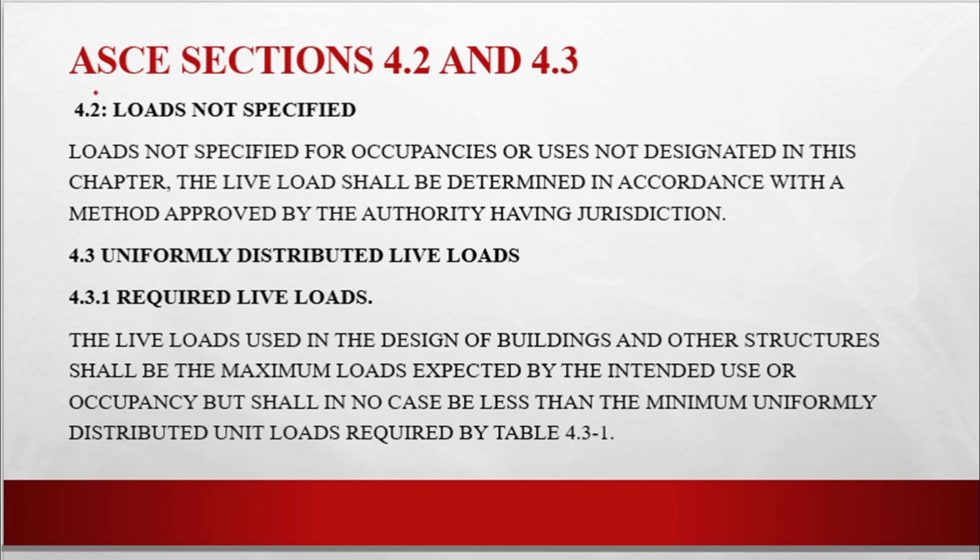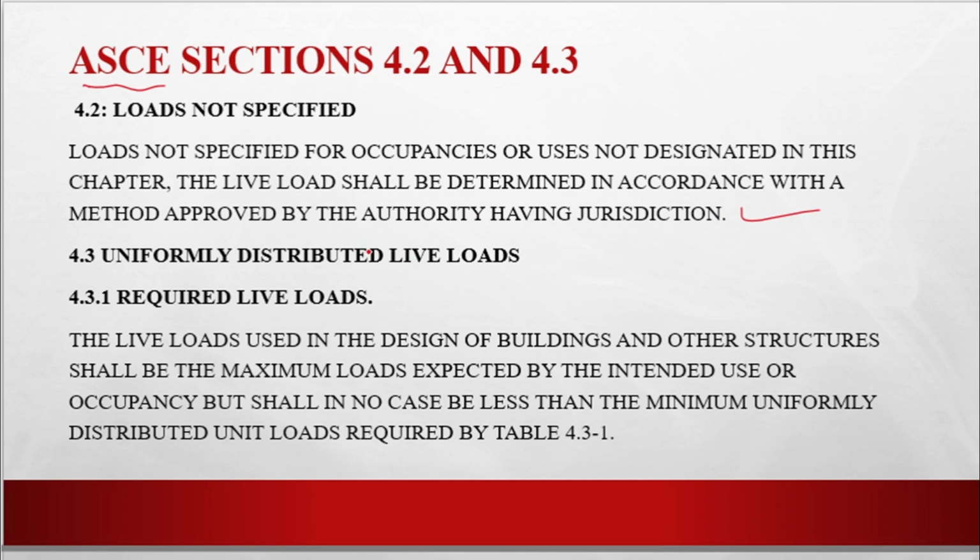In ASCE sections 4.2 and 4.3, the code says that for loads not specified for occupancy or uses not designated in this chapter, the live load shall be determined in accordance with methods approved by the authorities having jurisdiction.